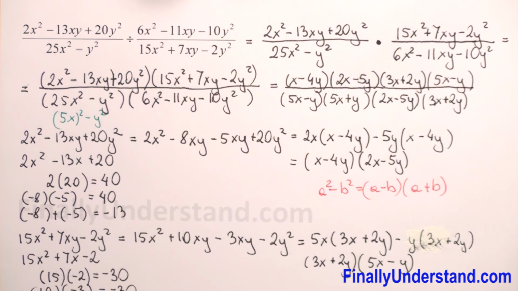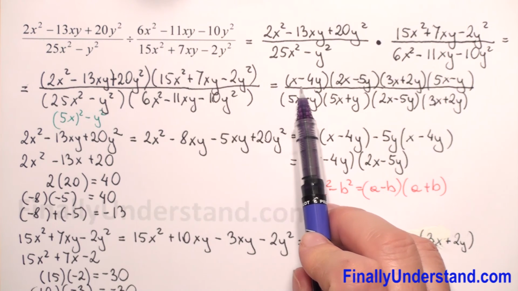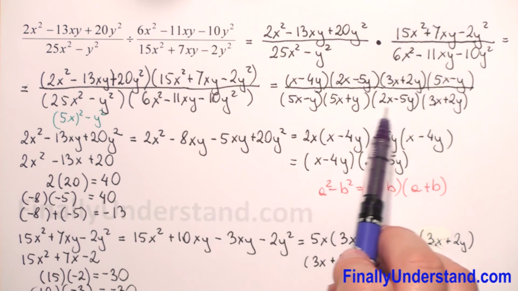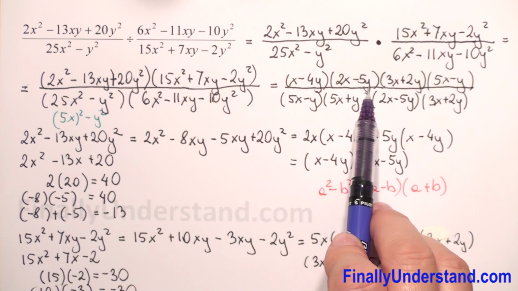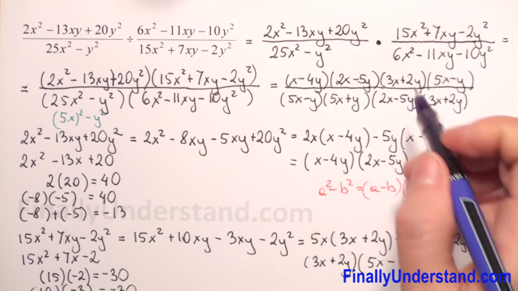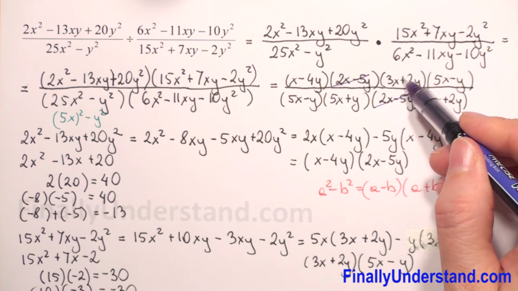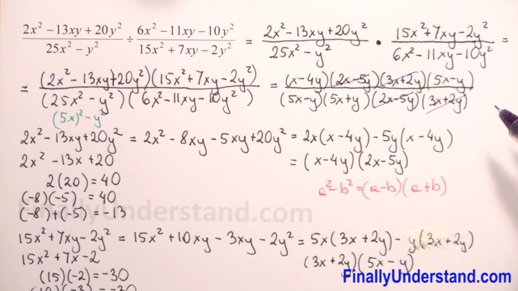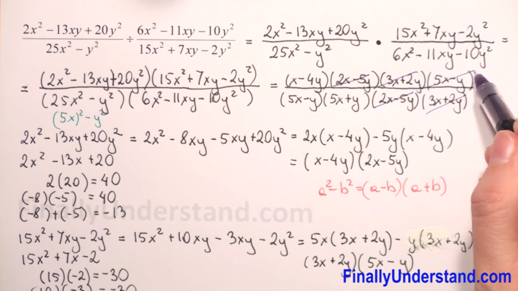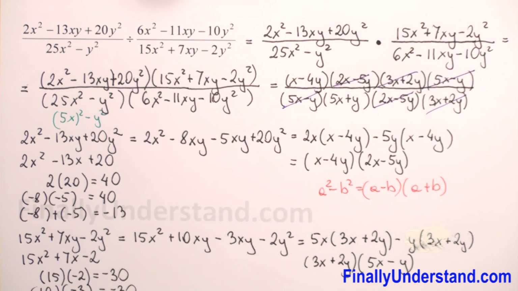Next, we have to check if we have the same expressions in parentheses. We have x minus 4y first, and in the denominator we don't have it. 2x minus 5y we can cancel out. 3x plus 2y we can cancel out. 5x minus y we can cancel out.